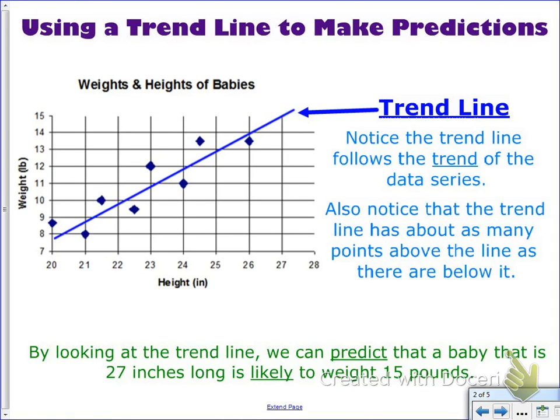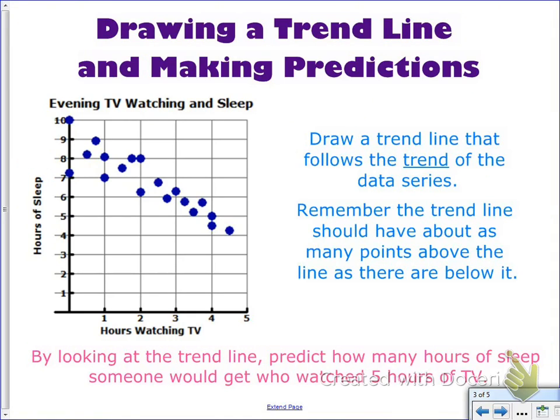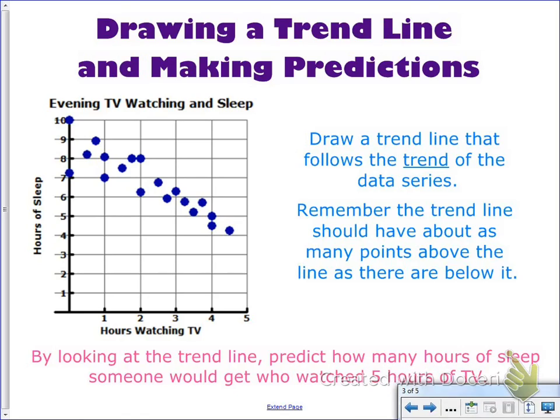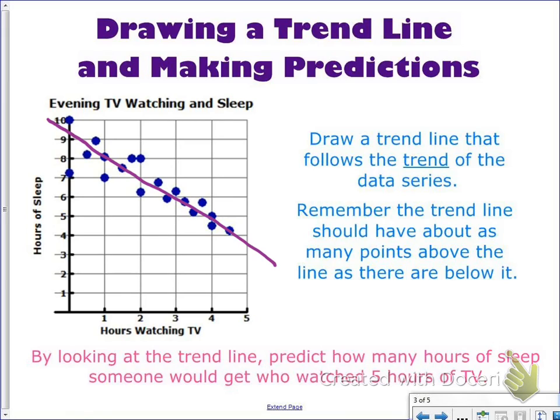So to show you another example, we're going to make a prediction based on the evening time watching TV. So they want to figure out how much sleep someone is getting if they watch 5 hours worth of TV. So if we draw our trend line, remember a trend line, you want to have about as many up top as you do below.